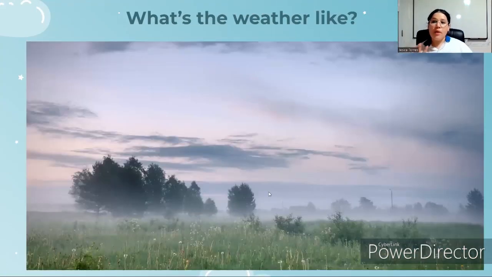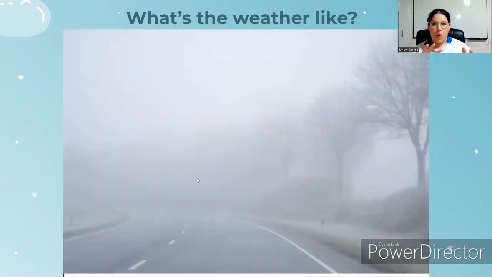Now we will learn some more vocabulary related to weather conditions, right? Okay, so here you can see mist, mist. So it's misty, misty. What about this one? This is like a heavy mist, quite heavy.